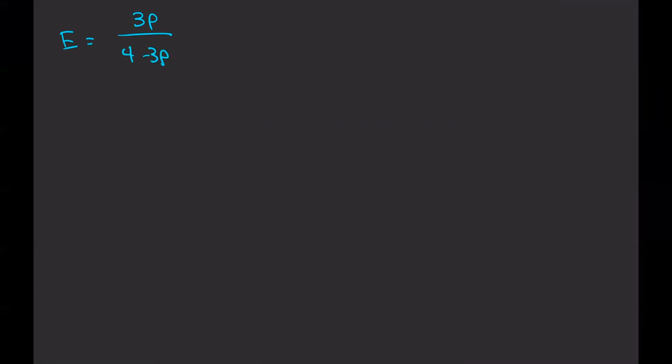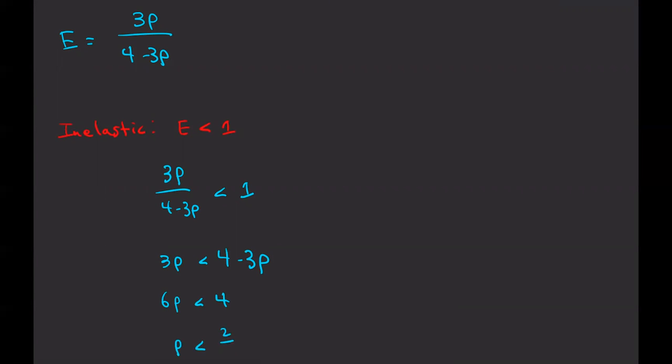And so when we want to look at inelastic, we're setting E less than 1. So let's actually do that. 3P over 4 minus 3P is less than 1. Well, then 3P is less than 4 minus 3P. That's just me multiplying 4 minus 3P on both sides. If I add 3P to both sides, I have that. And then if I divide by 6, 4 over 6 is 2/3.